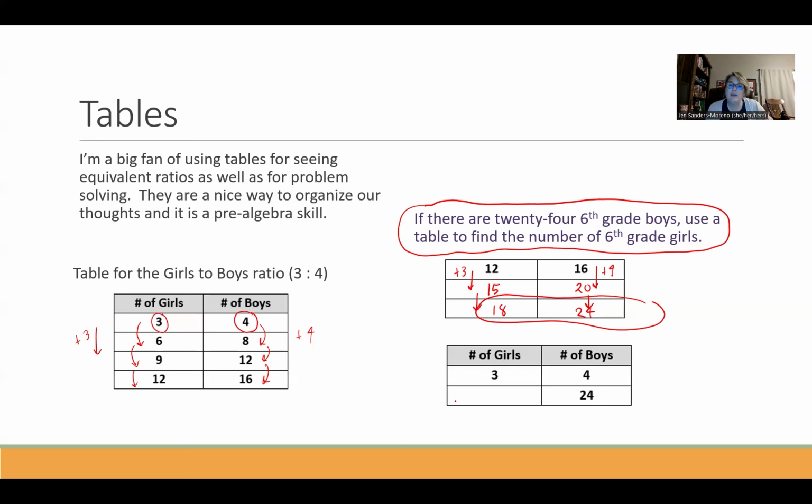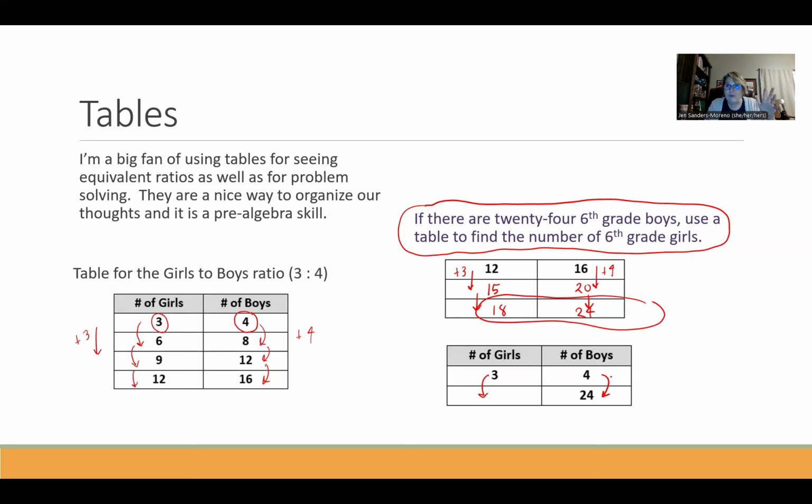Or what we can also do is this is where we're starting to think higher problem solving. If I have 3 girls to 4 boys and I want to get to 24, okay, so this is basically asking how many times would I have to add 4? Okay, so 4 times what equals 24? Because remember, multiplication is repeated addition.